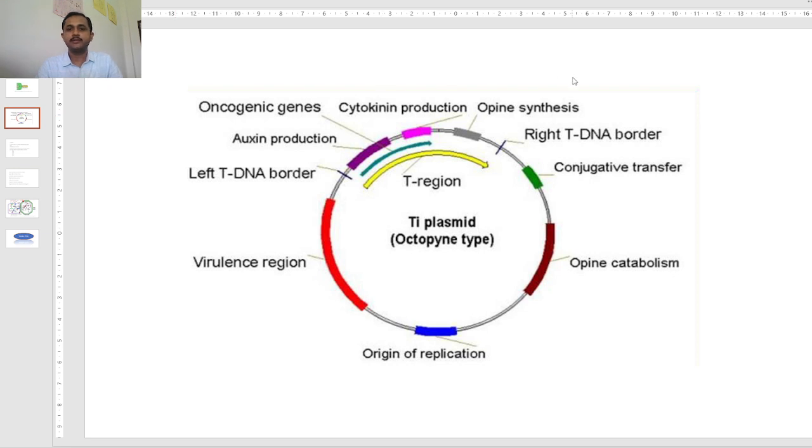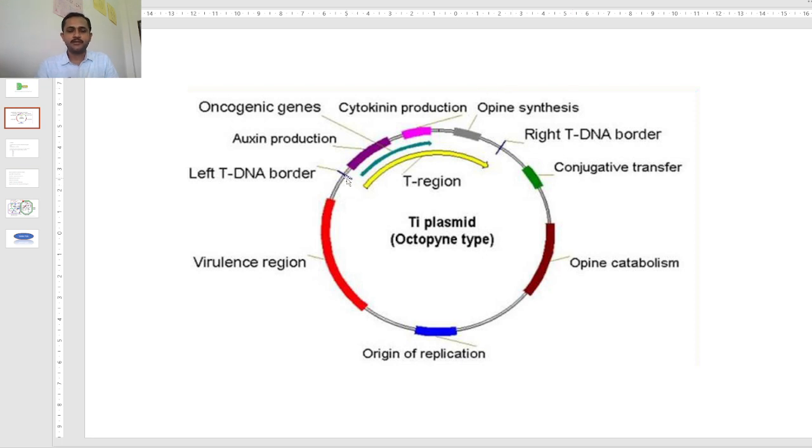It also carries opine synthesizing genes, which are required by the agrobacterium to synthesize opine, because it grows on the plant by utilizing this opine as its nutritional source.